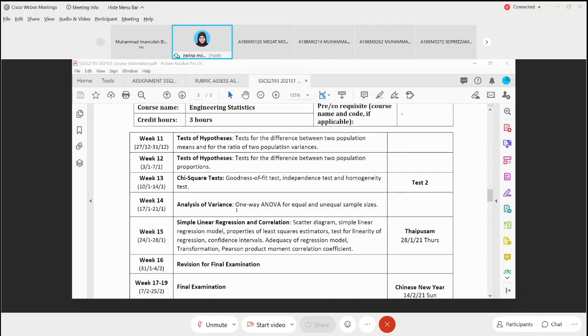Usually in Excel, we use by column, but you can also have by rows, but you have to state clearly that the data are arranged by rows. By default, Excel understands the column level, not the rows level. But if you want to use the row, that's fine, but you have to tick by row in the Excel environment. But in the final exam also, you can have data arranged in rows or in columns.